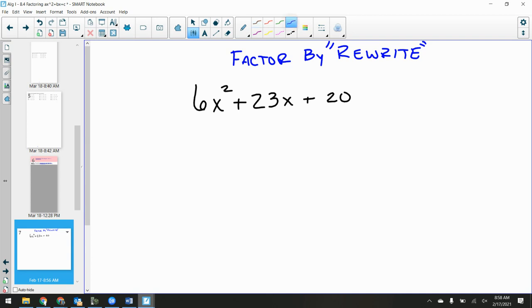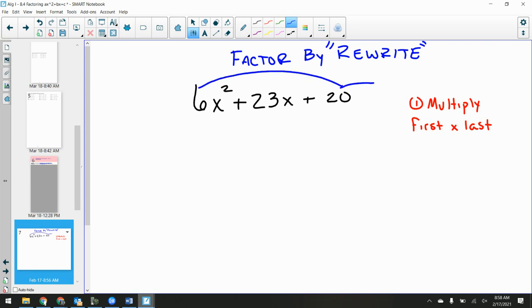So here's what we do. If I want to write out my steps, you can do this off to the side. You're going to multiply first times last. 6 times 20.